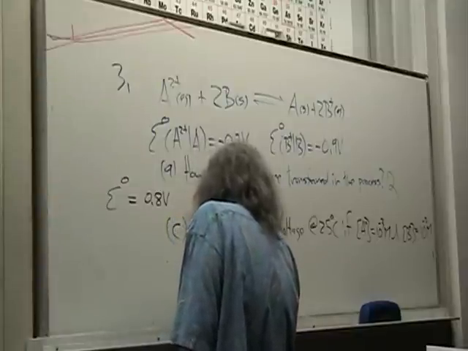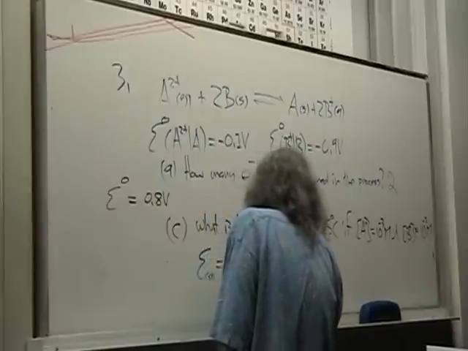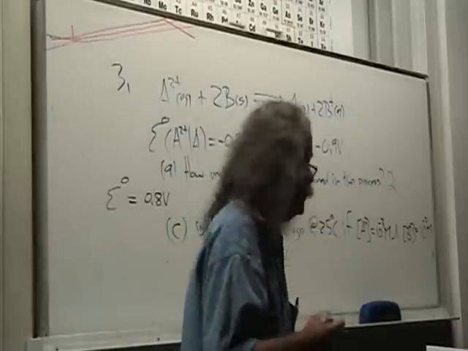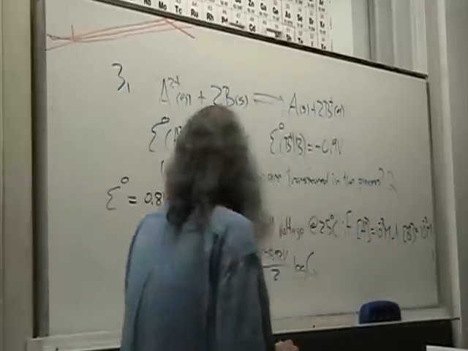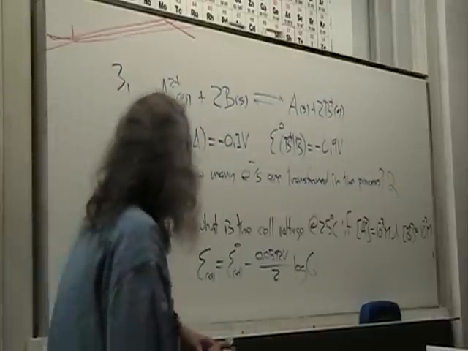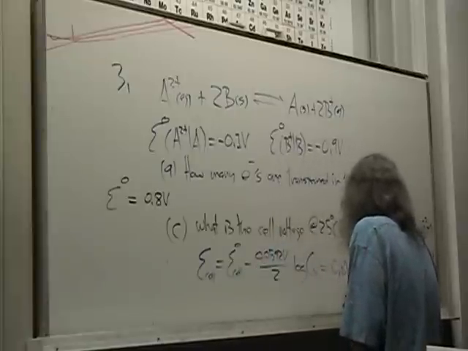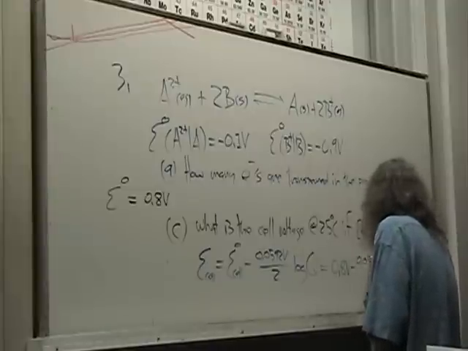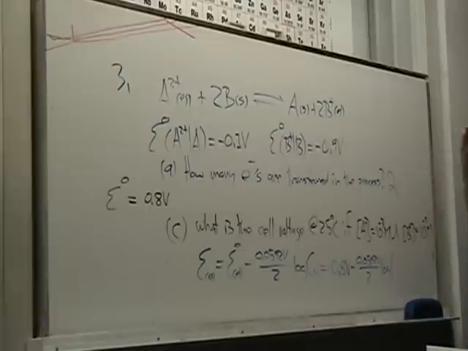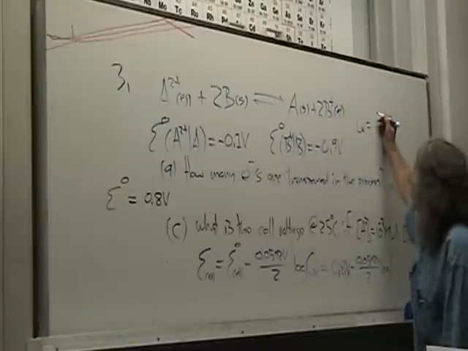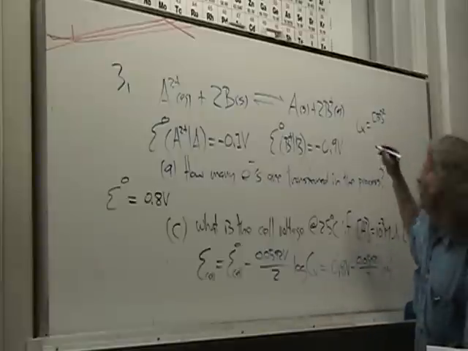E cell is equal to E naught cell minus 0.0592 volts over n times the log of Q. How many moles of electrons were there? Two. Now we just have to look at what Q is. Substituting the values: 0.8 volts minus 0.0592 volts over 2 times the log of Q. Q is the concentration of D over the concentration of N, with B squared.